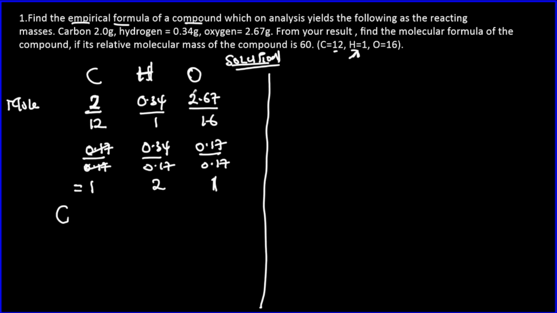So you now attach these whole numbers as a subscript. Remember I said if you have 1, you leave the symbol and write it like that. CH2O. So we don't need to put anything here. So this is the empirical formula.